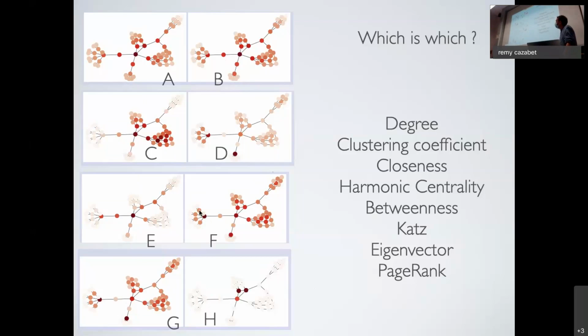It's still connecting this part to this part. So probably not betweenness. Yes, it would be like A or B, where the single node is quite important. Yeah, good theory.